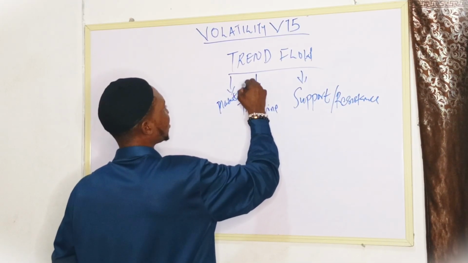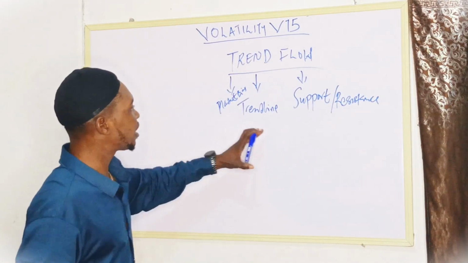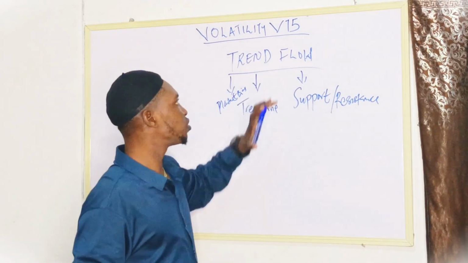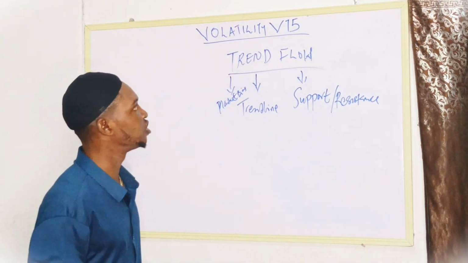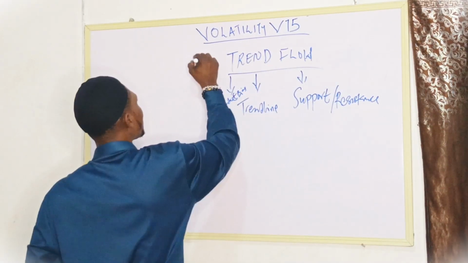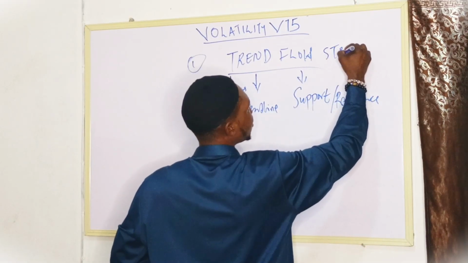When I say market bias, I'm talking about overall trend. All right, so these are just the things that we are going to combine to actually have the knowledge of this trend flow strategy. Okay, so this is the first one. I call it the trend flow strategy.